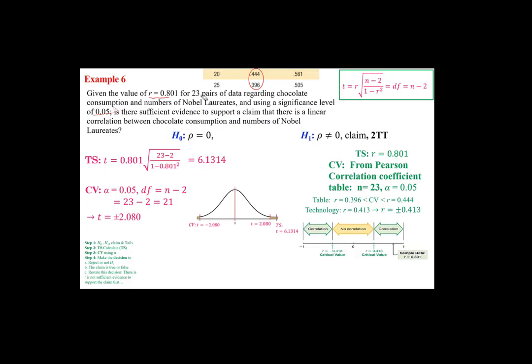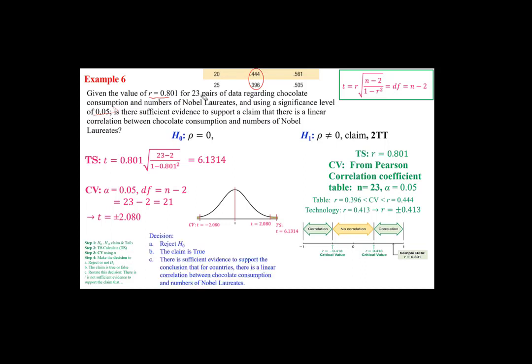Now, even if you don't pay attention to technology and you just look at the numbers you came up with, the best case scenario or the worst case scenario, 0.396 or 0.444, somewhere in between. 0.801 is beyond both of them, okay? And therefore, it puts you in the rejection region, and the rest is very clear.